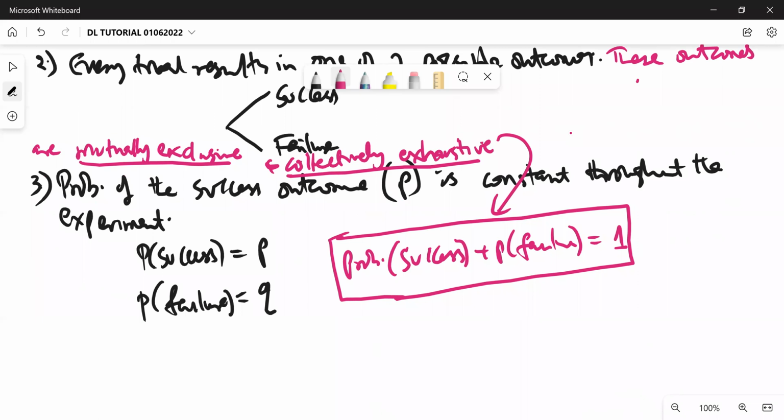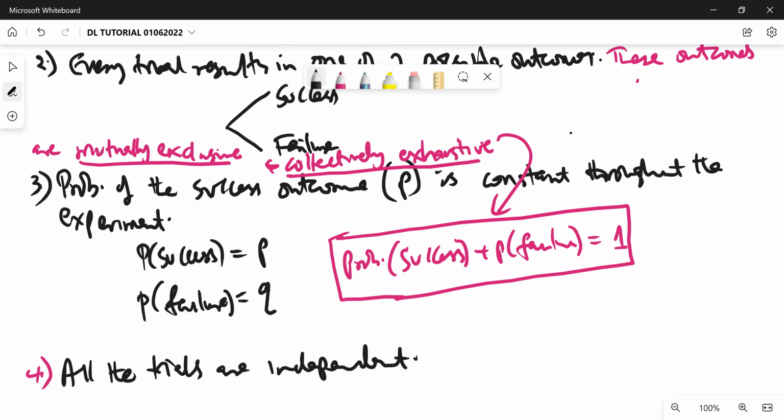Number 4 is that all the trials are independent, meaning that there's no dependence between trials.